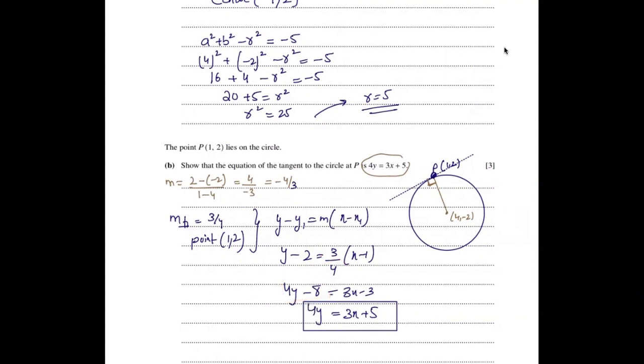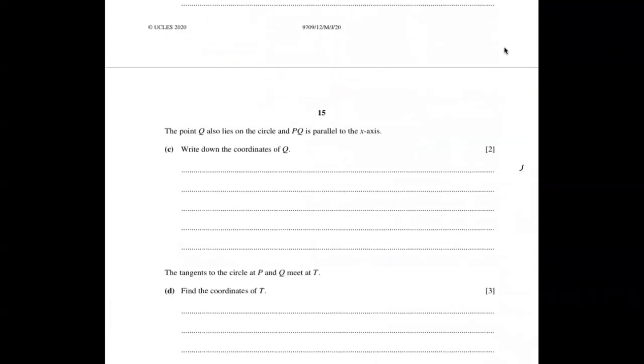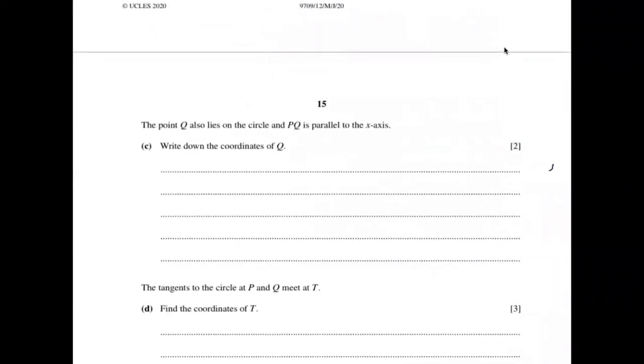Oh, okay. Now, the third part says the point Q also lies on the circle and PQ is parallel to the x-axis. If PQ is parallel to the x-axis, for example, this is a circle, this is the x-axis, and points P and Q are on the circle such that PQ is also parallel to the x-axis.